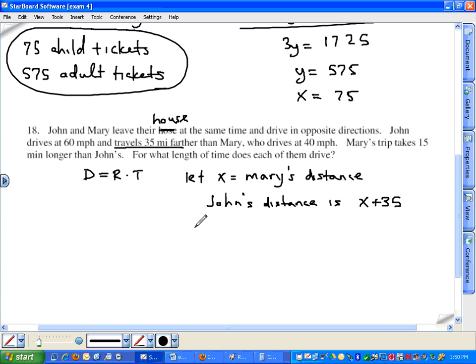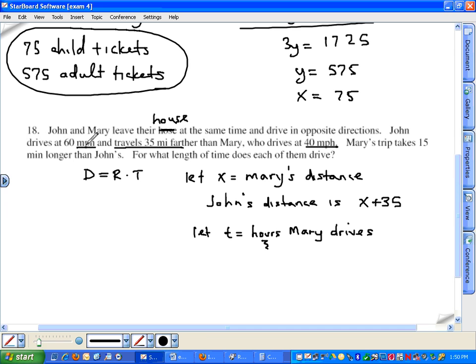So we can let t equal hours that Mary drives. Now the reason I'm choosing to use hours that Mary drives, even though the minutes they give us is 15 minutes longer than John's, is that the rates they gave us are in miles per hour.